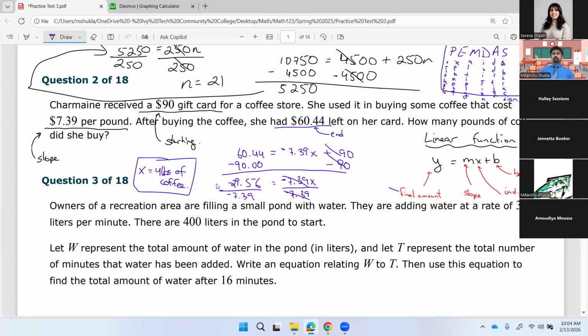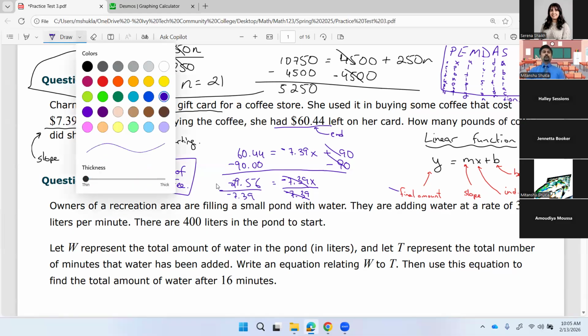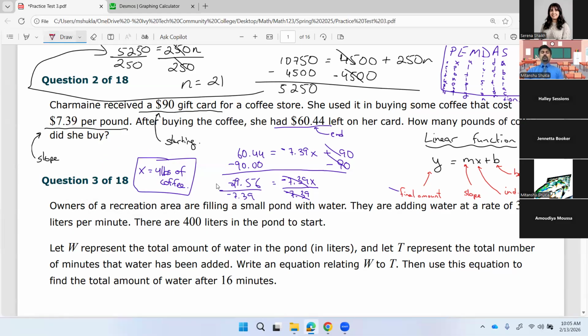And then the B, the starting, would have been what's left. And then the M is the $7.39 per pound. And then the X is where you're trying to find how many pounds. So if I would have put 90 equals 60.44 plus the 7.39X, I came up with the same answer. I worked it out on my paper.